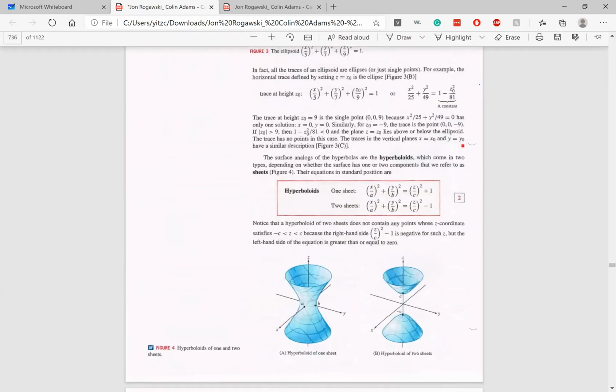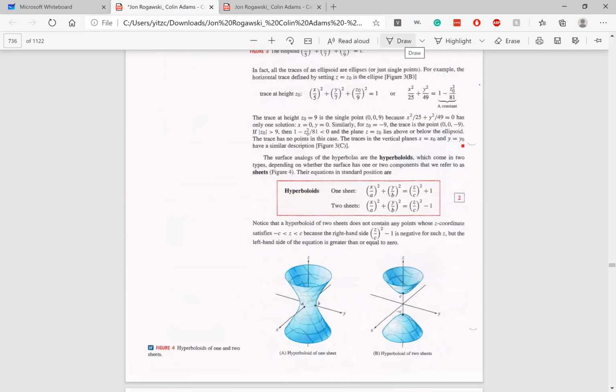So one second. If this thing over here is 0, then this is an ellipse. And it doesn't really matter what this is, we get different ellipses. Those are the directions where you have ellipses. That's the z direction. As z changes, you get different ellipses.